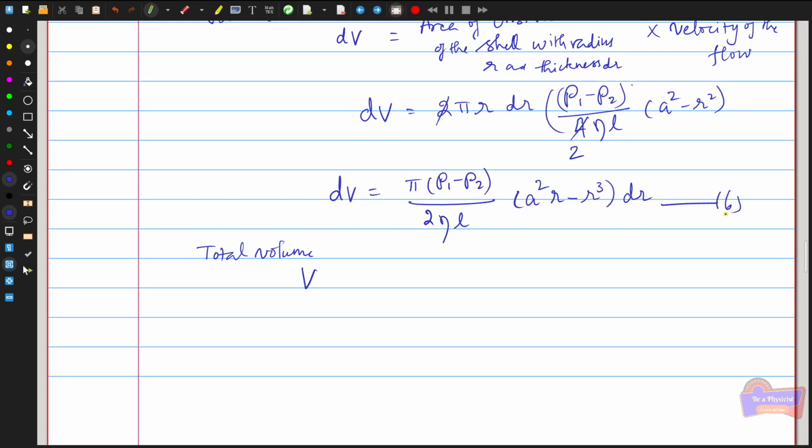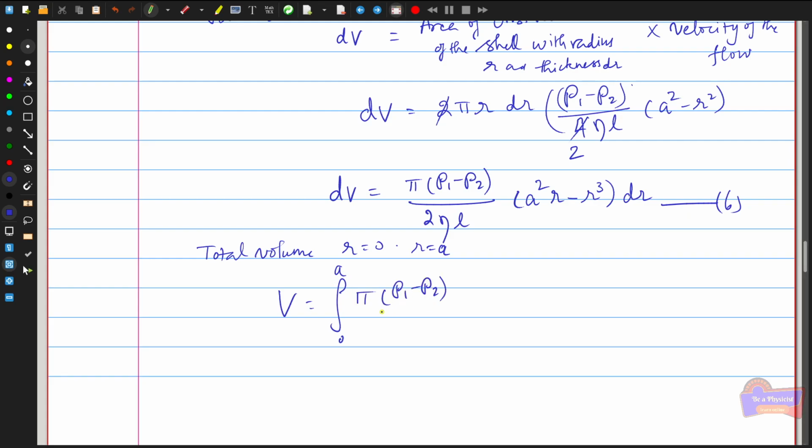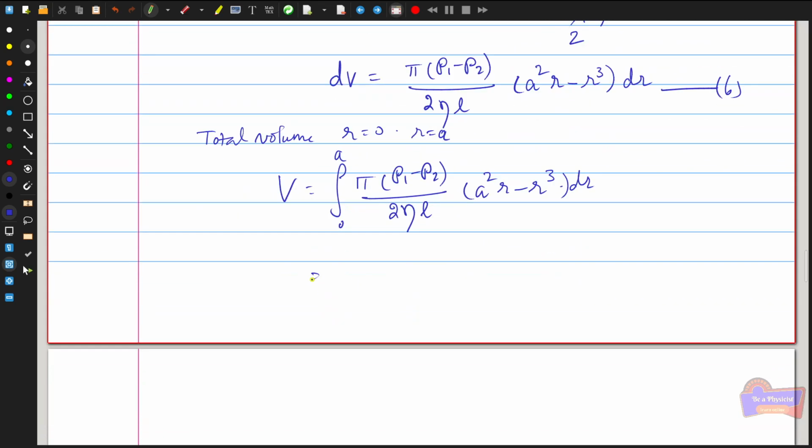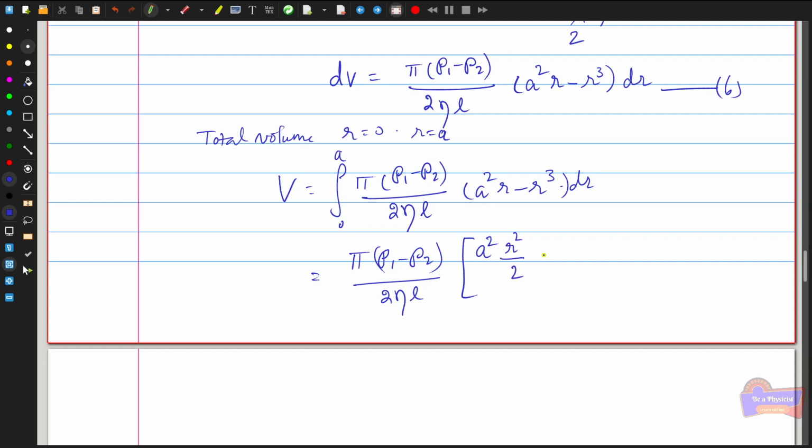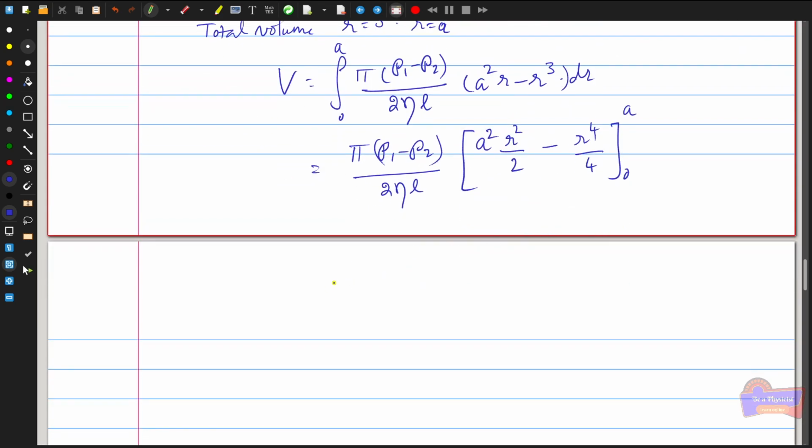Suppose I take this equation as equation 6, I can integrate it between the limits of r equal to 0 to r equal to a, so that V is equal to the integration from 0 to a of pi (P1 minus P2) divided by 2 eta L into (a squared r minus r cube) dr. I can take the constants outside, and if I integrate this value, I get a squared r squared divided by 2 minus r power 4 divided by 4, between the limits 0 to a.